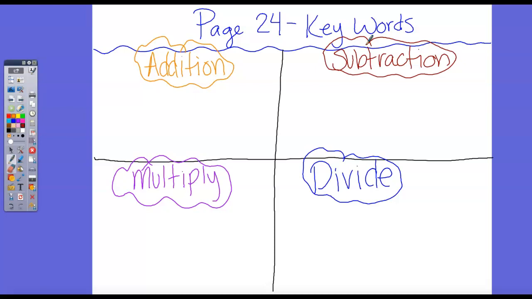Okay, so if we were talking about addition, what are some keywords that you might hear or see that would tell you that it's going to be an addition problem? Well, yes, that's very true. But what words, like in a story problem, you're reading a story problem, what tells you to add? Some, right? That's the answer to an addition problem.